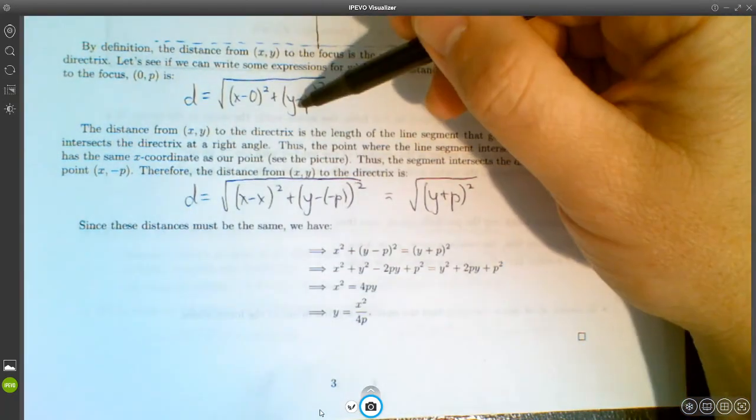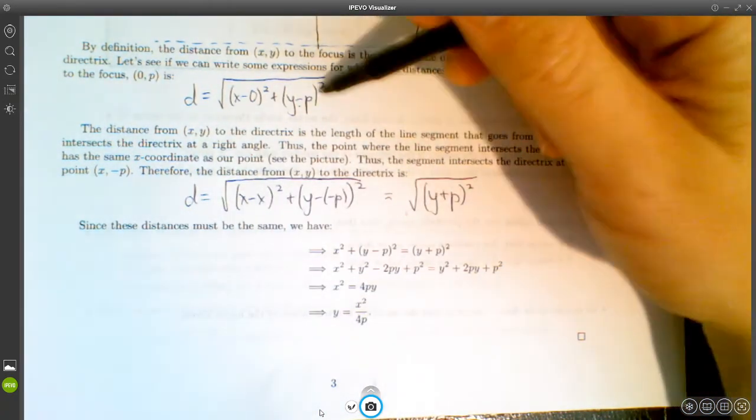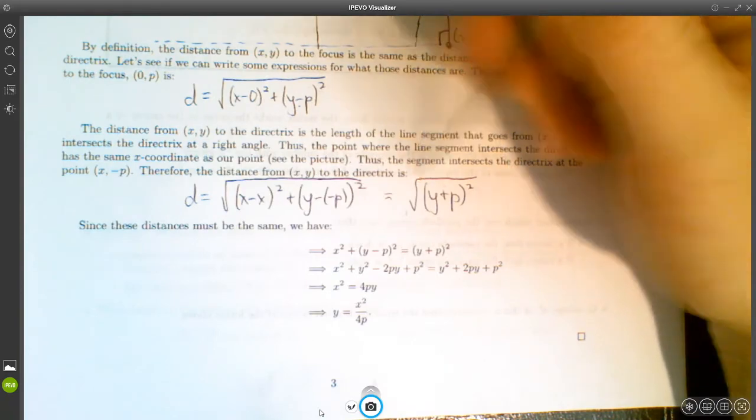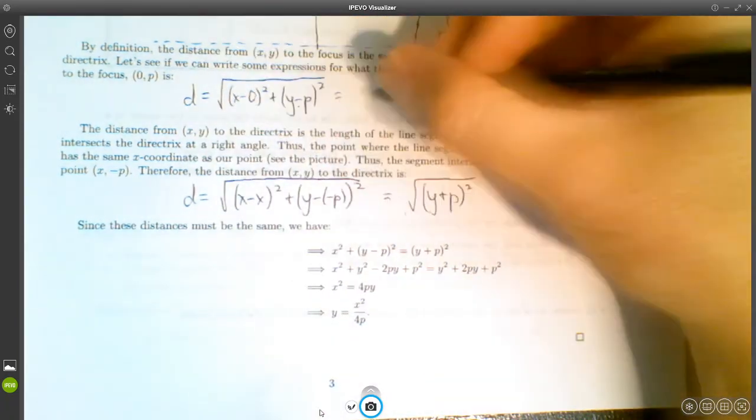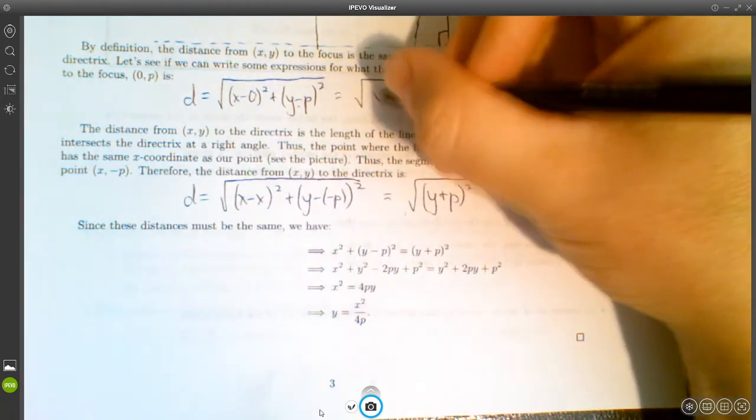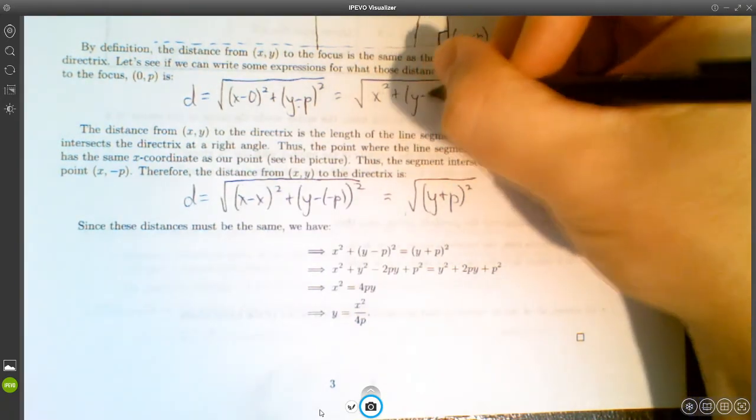Now, since these two distances must be the same, we see then that, by the way, x minus 0 is just x, so this is just the square root of x squared plus (y minus p) squared.